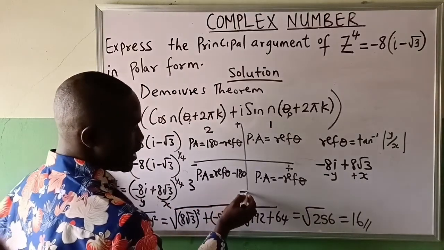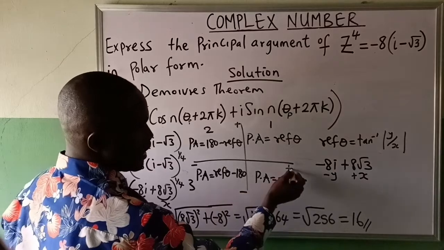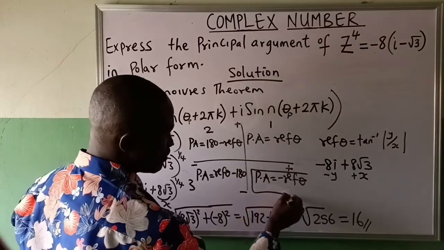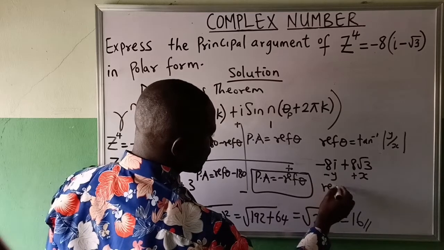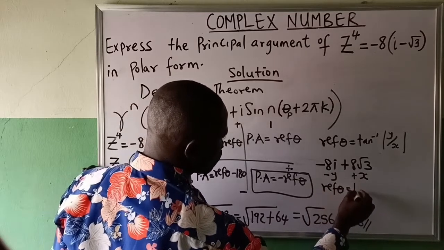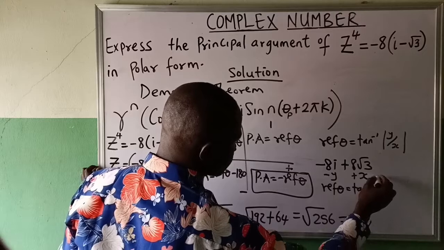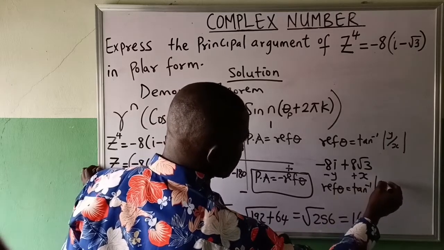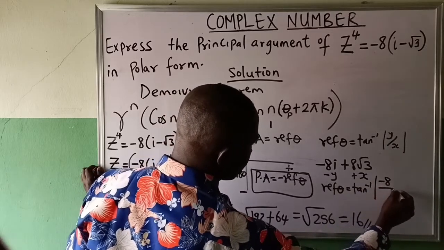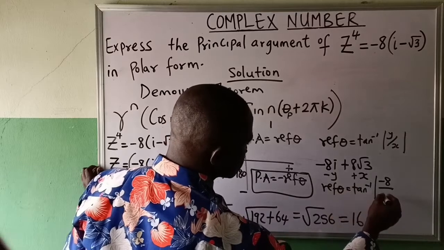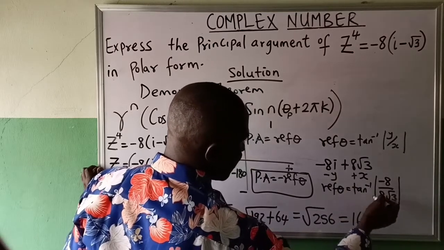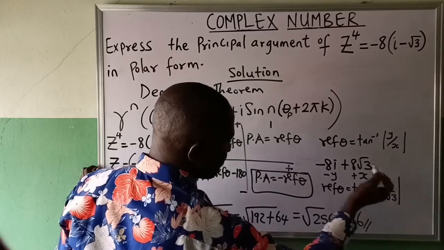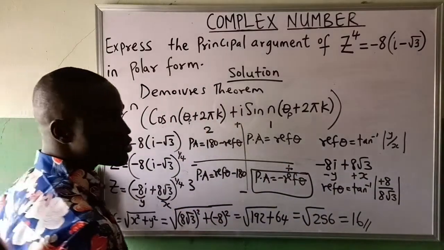It means here is negative and x is positive. Look at where it belongs. Now, we say that our ref theta will be equal to tan inverse of, what is my y? Minus 8, all over, what is my x? 8 root 3. Because you have modulus, forget about the minus, turn it to plus.